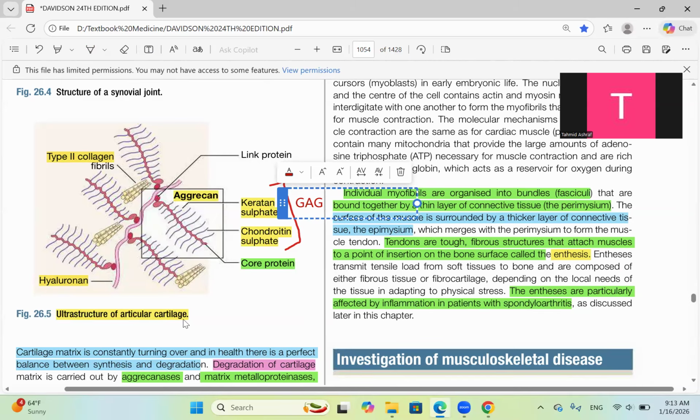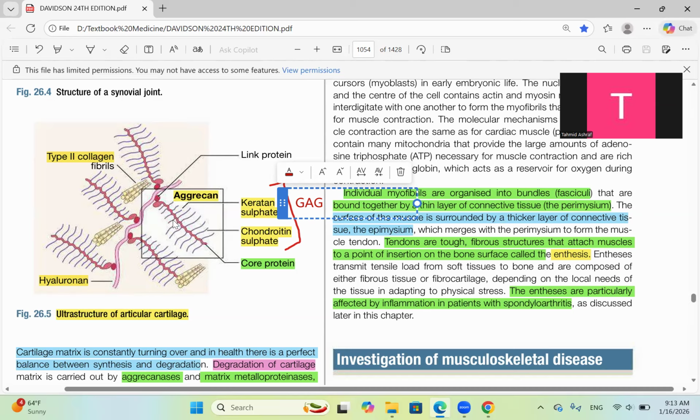So let's come again. Articular cartilage consists of type 2 collagens. We see the bundle of stick-like substances here. These are suspended in gel, which is called proteoglycan. The most important proteoglycan is aggrecan. Aggrecan consists of a core protein with several side chains.